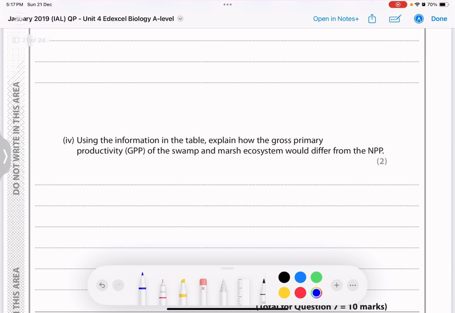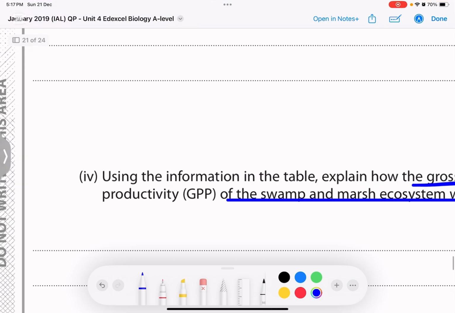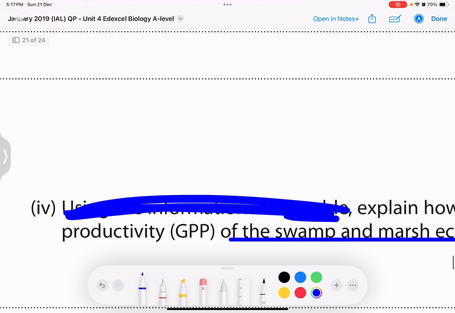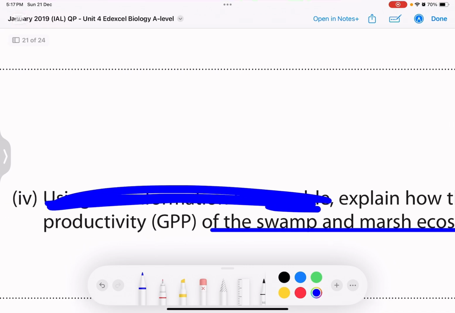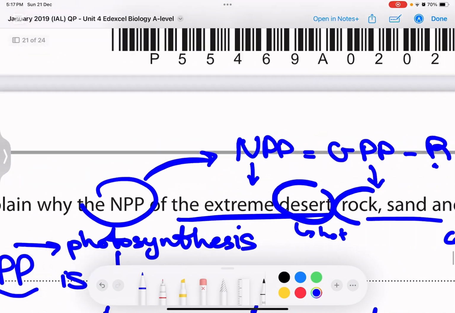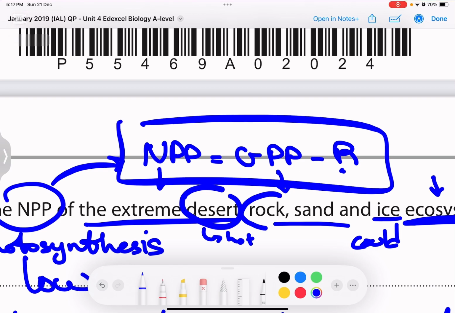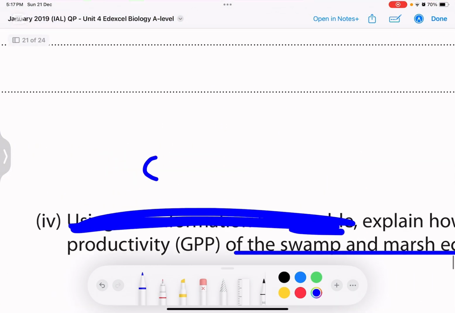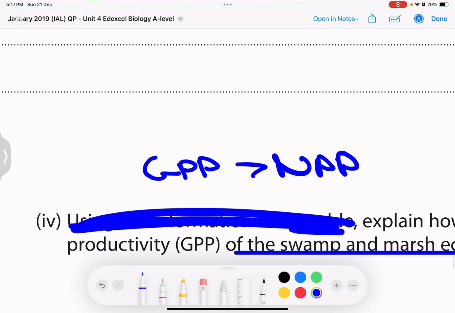Using the information in the table, how the gross primary productivity of the swamp and marsh ecosystem would differ from the NPP. Without using the table, even, this phrase is useless, because if you've studied the formula that I've just told you about, that NPP equals GPP minus R, and you know a bit of math, you're going to know that GPP is obviously greater than NPP in whatsoever ecosystem.